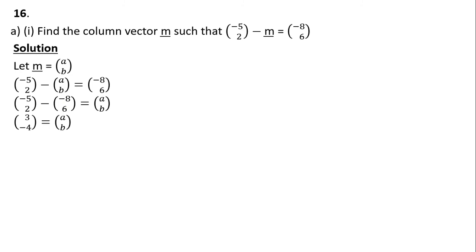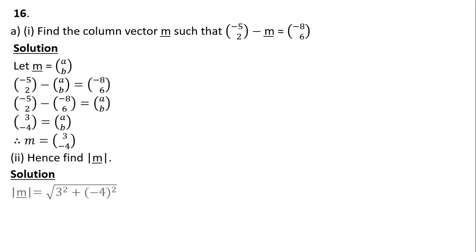From here, we are going to convert it back to vector m. Therefore, the vector m is equal to 3 and negative 4. We continue. Hence, find the modulus of m, that is the distance.